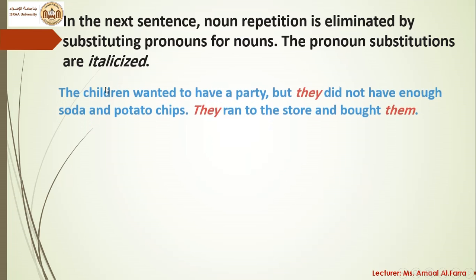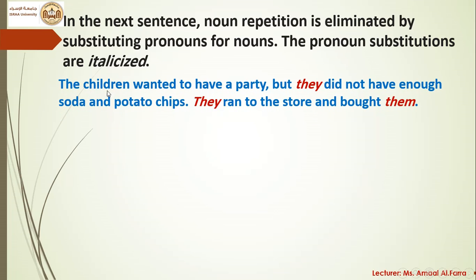Look here. The children wanted to have a party, but instead of writing children, we wrote they. They did not have enough soda and potato chips. They ran. Who? They refers to children. To the store and bought them. Them refers to what? To soda and potato chips.